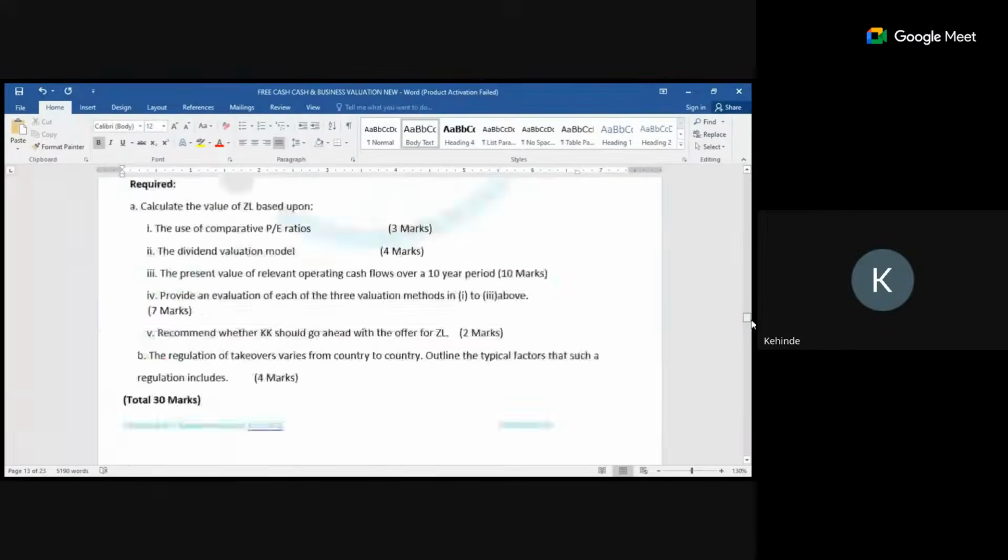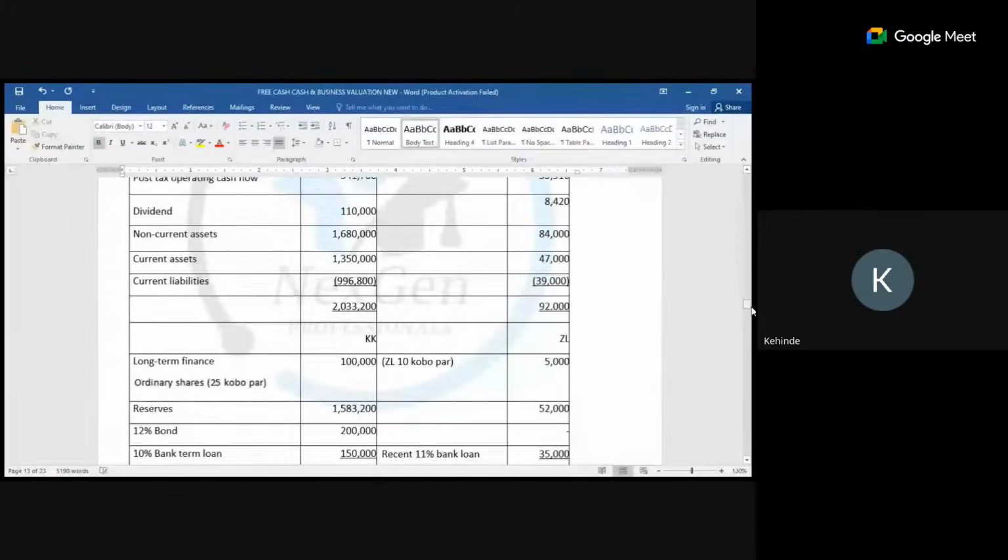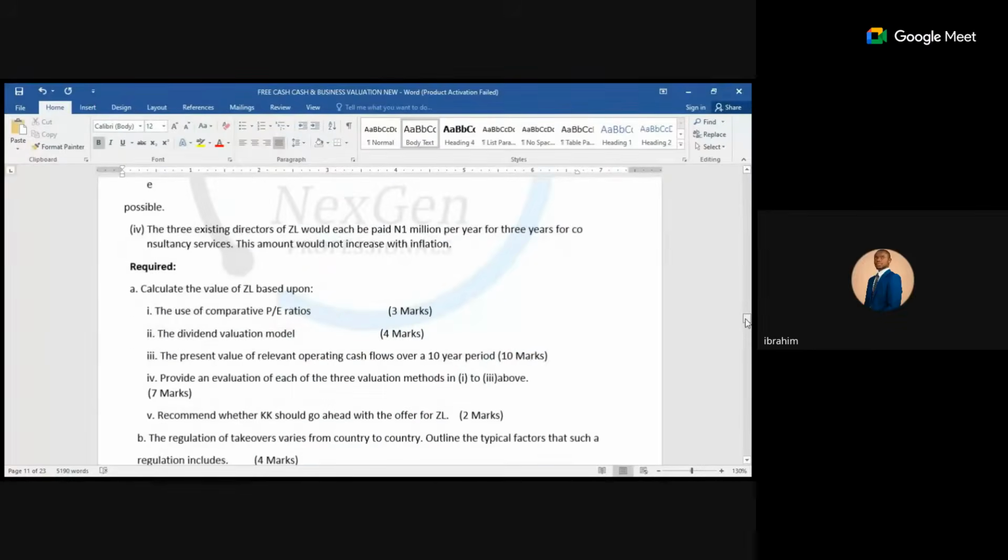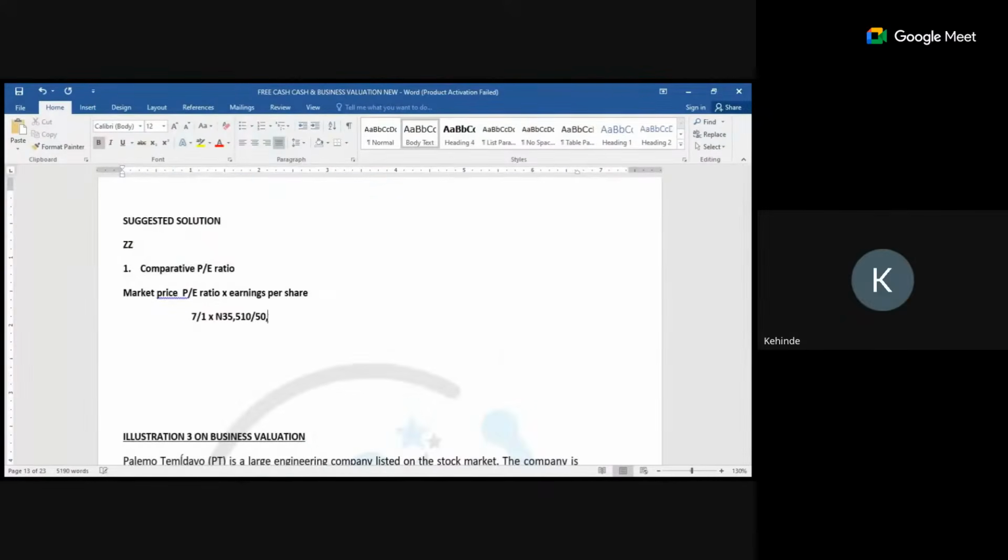Is it not 5,000 naira divided by 10 kobo? So it's 50,000 shares. Yes, and our EPS is supposed to be 0.71. Okay, no, let's just do it direct so that we can move on.